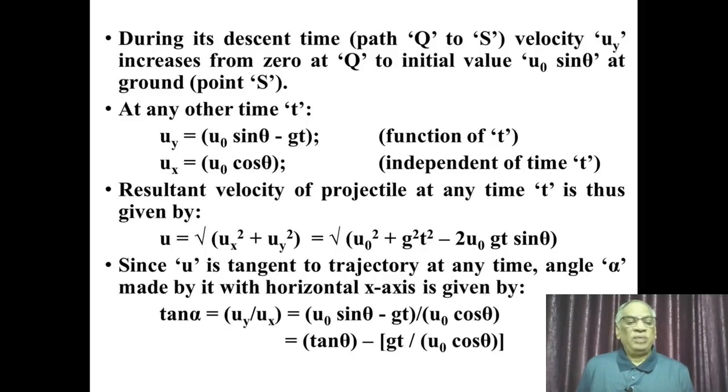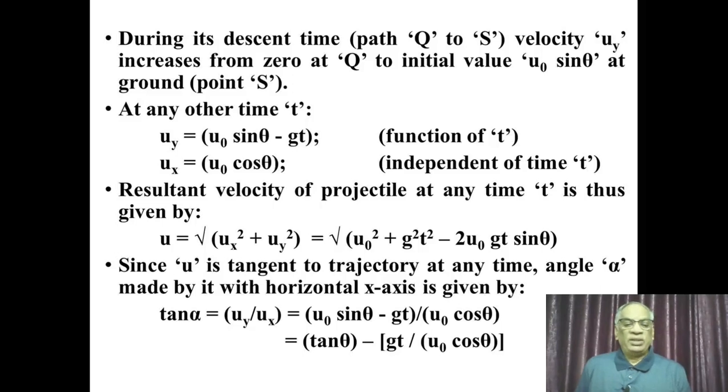The resultant velocity is square root of ux square plus uy square, which can be obtained as under the square root u naught square plus g square t square minus 2 u naught gt sin theta. Since u is tangent to the trajectory at any time, the angle alpha made by it with the horizontal axis can be given by tan alpha is equal to uy by ux.